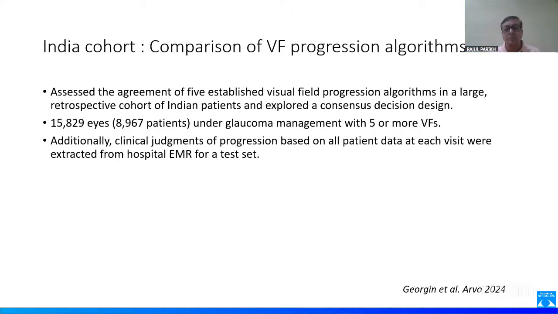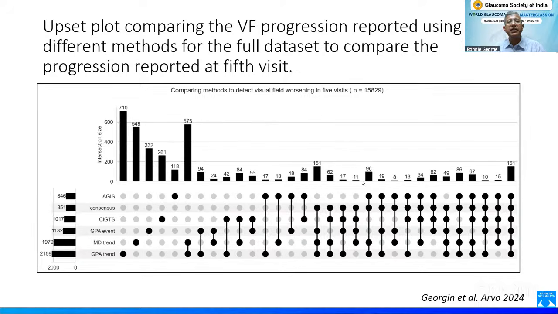One of the interesting things that we found along with my collaborator was that when we looked at our data set and applied different visual field progression techniques that have been used in AGIS, CIGTS, GPA, and PoPLR trend, what you can see in this plot is those black markers show you when two different types of visual progression algorithms match.